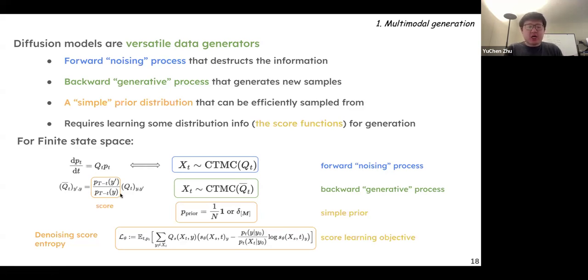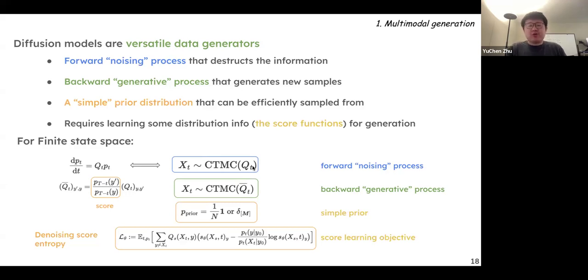This is aligned with what we said: backward generation requires learning distribution info, and distribution info in discrete state space comes in the form of this distribution ratio. We call it a concrete score or a discrete score, and it mimics the role of the gradient log probability in the continuous state space.